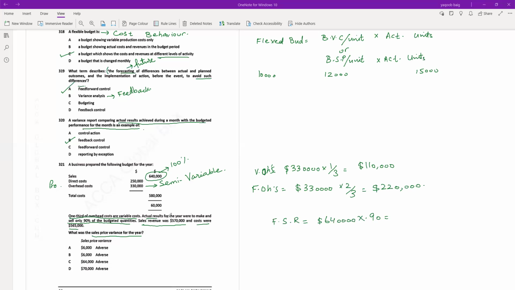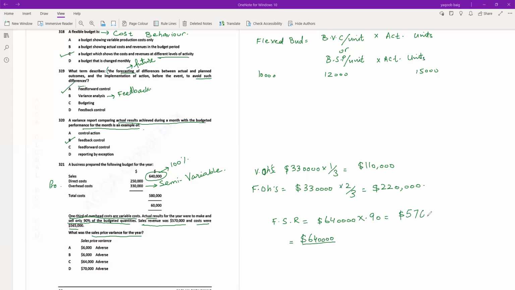Once again, I will calculate 90%, which is 576,000.